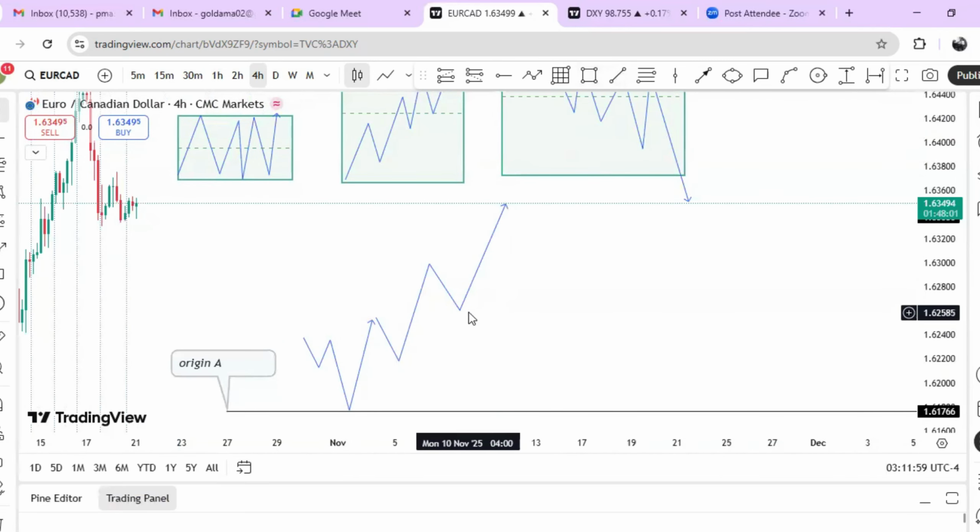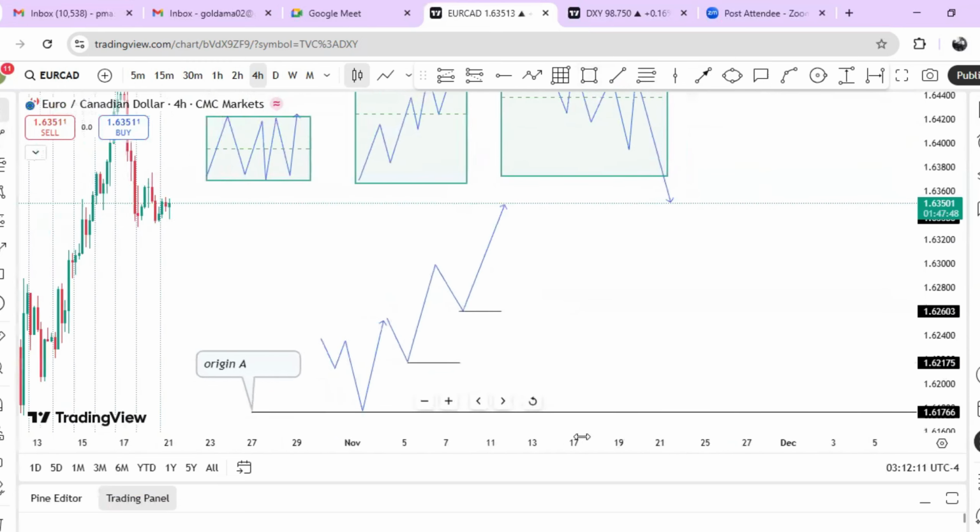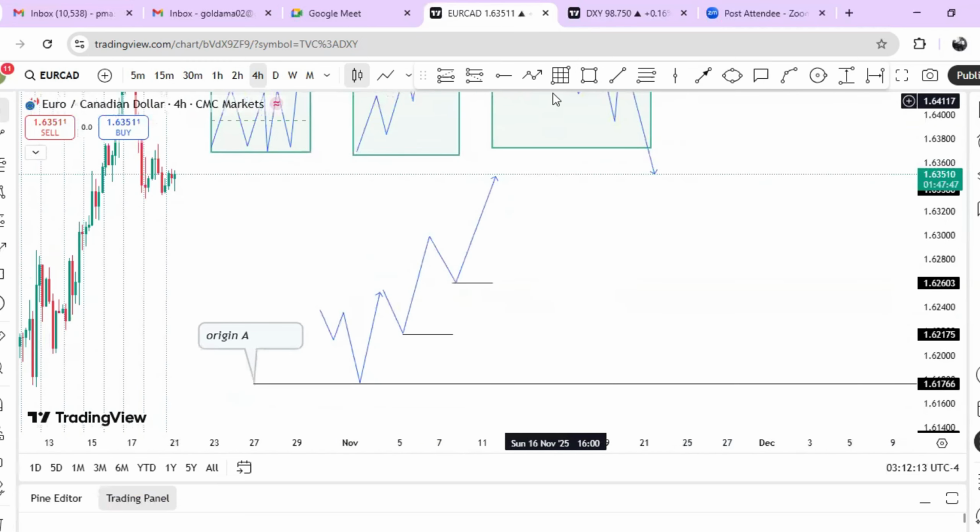What do I mean? You have this as your first correction leg, and this as your second correction leg. This is the mechanical approach of market structure mapping. Till you get a full candle close below here, the trend is still bullish.